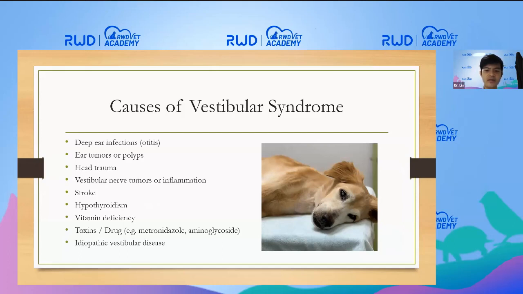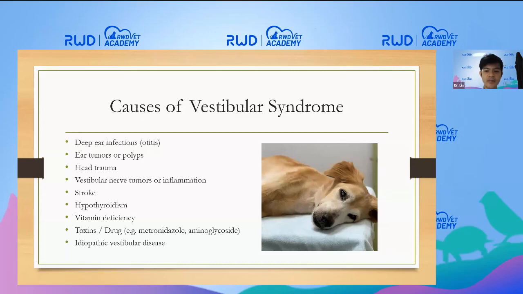Damage to the skull, such as caused by a road traffic accident or a bad fall. Diseases affecting the vestibular nerve, including nerve tumors, nerve inflammation. The next one is shock, hyperthyroidism, and some vitamin deficiencies. For example, thiamine deficiency. Some toxins or antibiotic treatments can also cause vestibular syndrome.